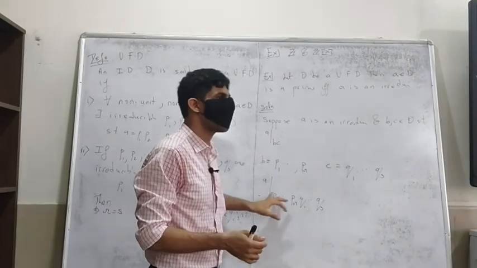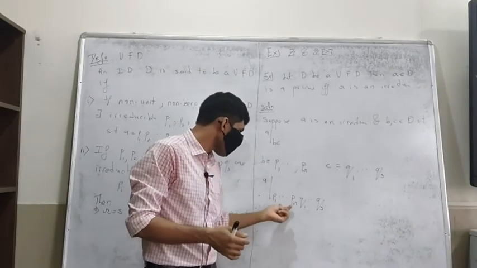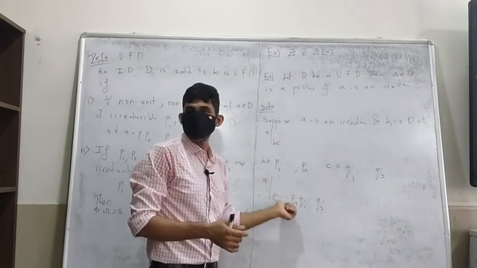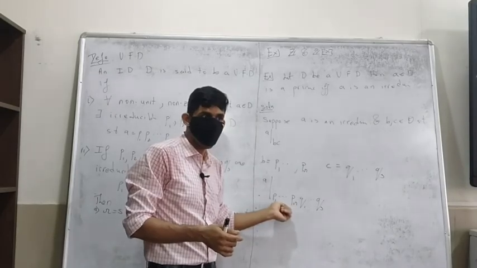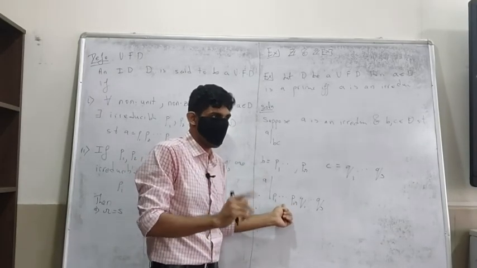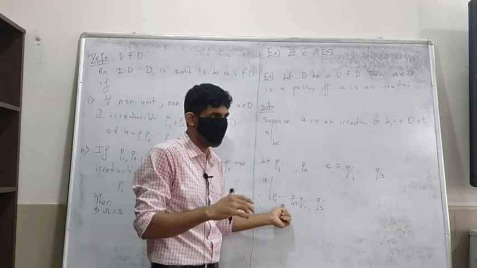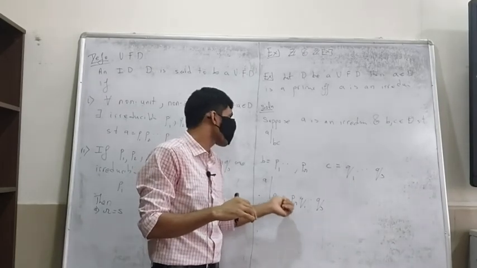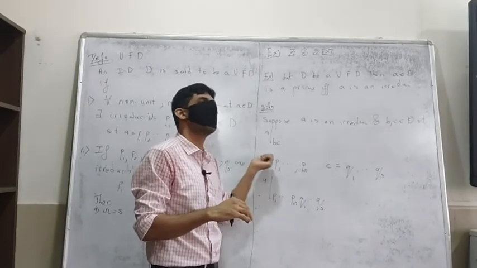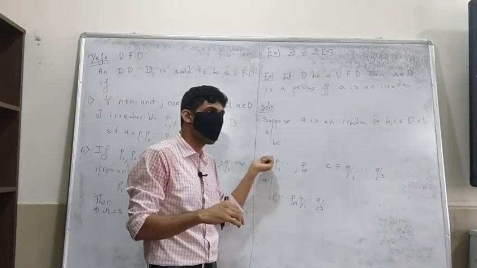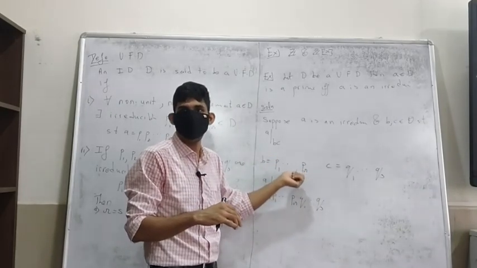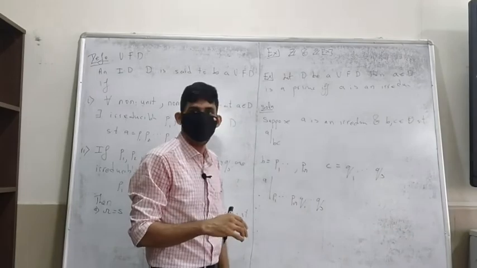Without loss of generality, say it's Pi. If A is an associate of Pi, that means A will divide Pi, since associates divide each other. But if A divides Pi, then A will have to divide B, because Pi divides B. Therefore we have proved our statement.